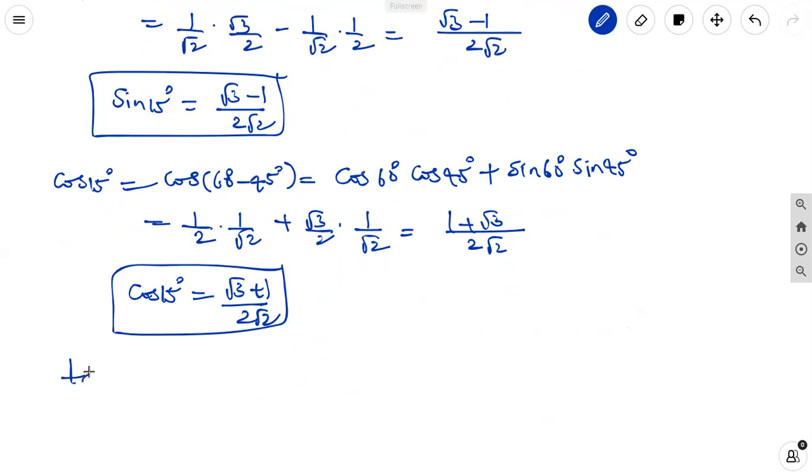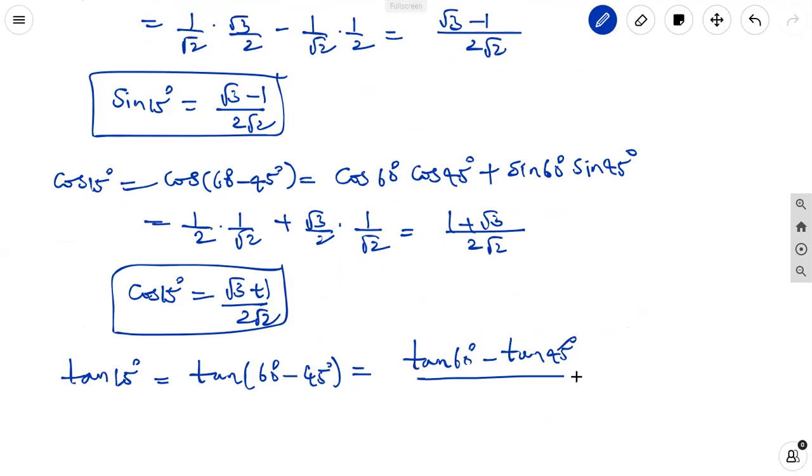In the similar way, tan 15 degrees is equal to tan of 60 degrees minus 45 degrees. It is equal to tan A minus tan B by 1 plus tan A tan B, that is tan 60 minus tan 45 by 1 plus tan 60 tan 45.